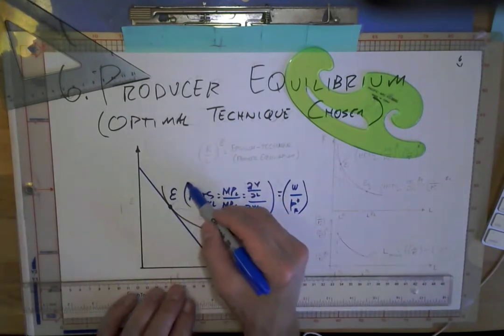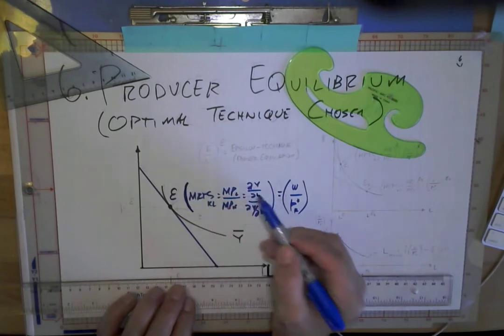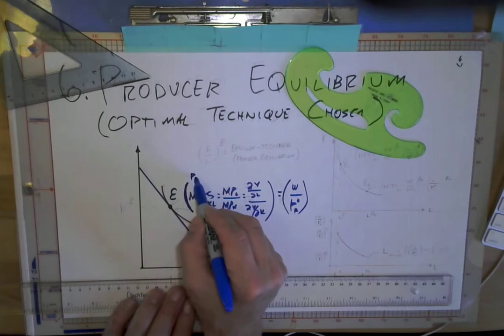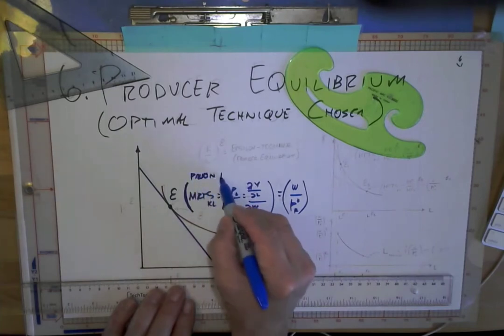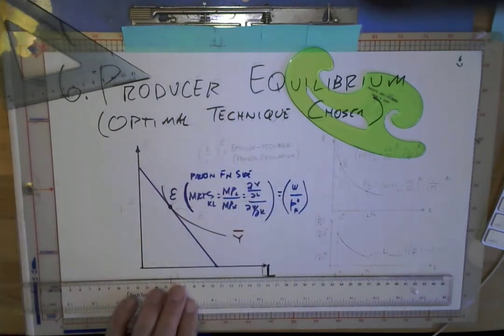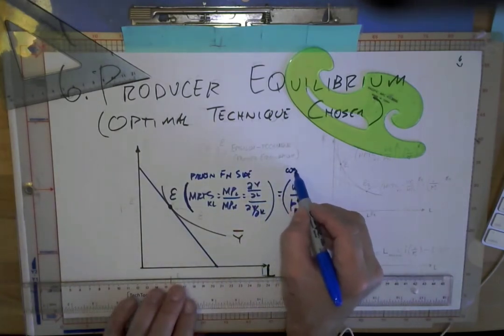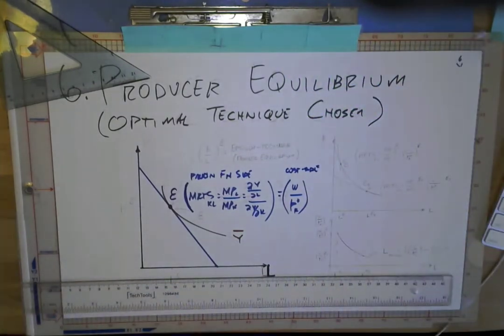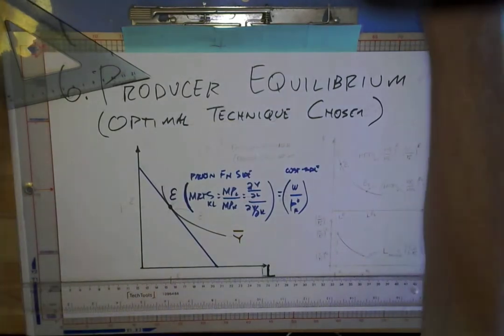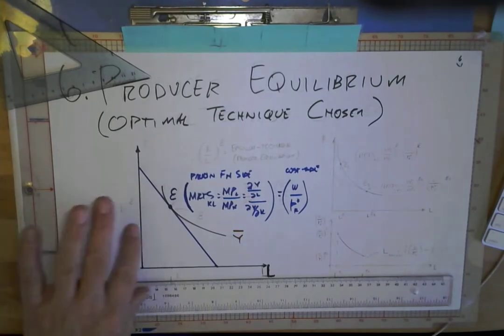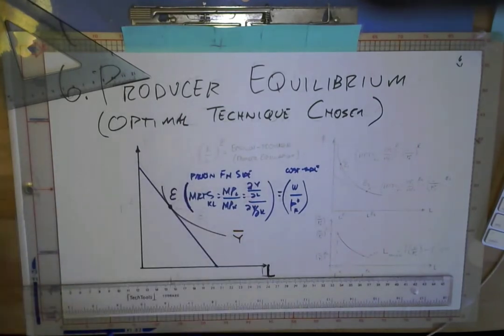So you have the production function side of the equilibrium, which is the marginal rate of substitution, and the cost side of the equilibrium, which is the factor price ratio. At that point, and at that point alone, do we have the tangency solution, and there the optimal condition is going to be here.